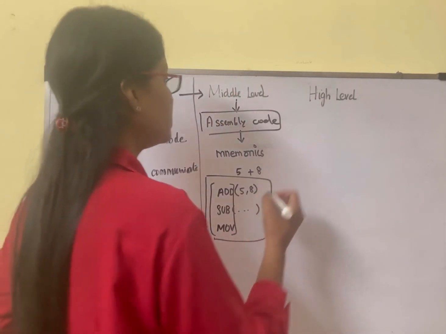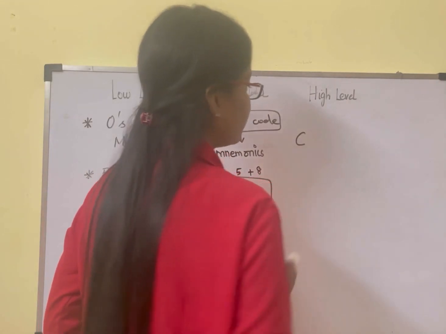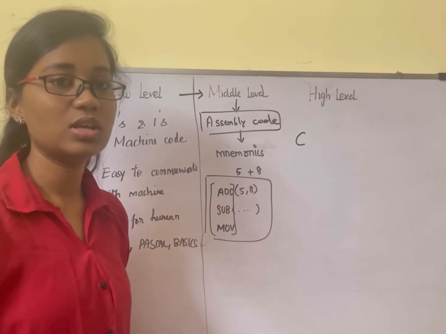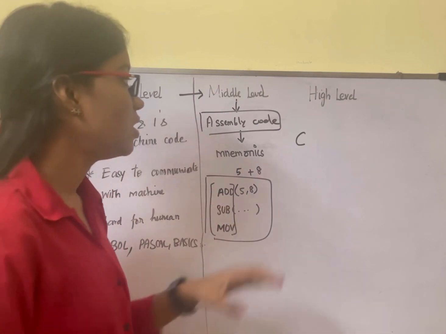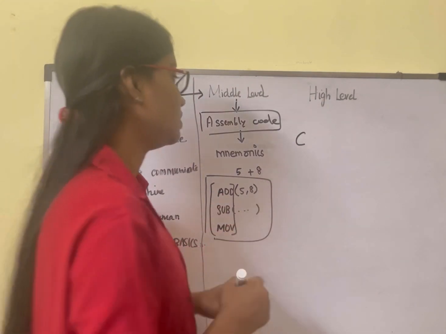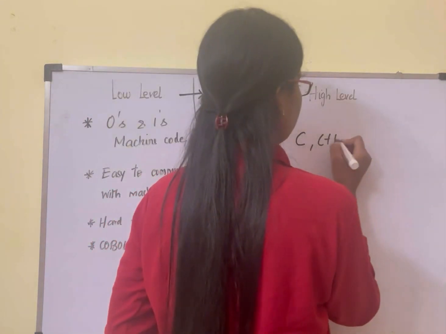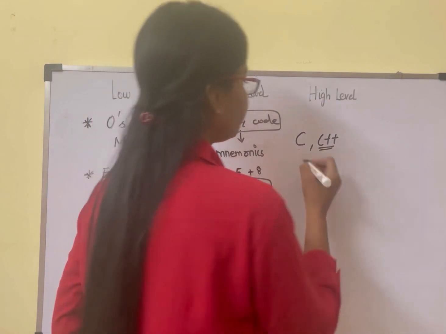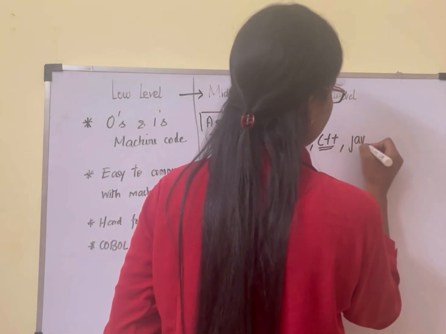Then C was developed. C program has a structure and predefined library functions. By understanding those concepts, we can write C program. Then C++ got developed. C++ is the incremental version of C. Then Java got developed.